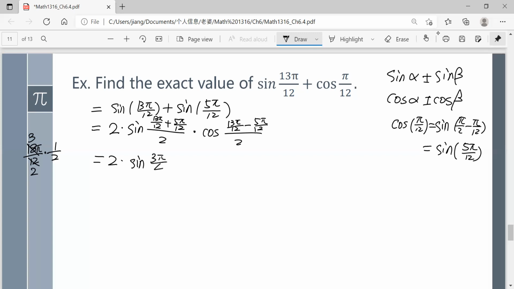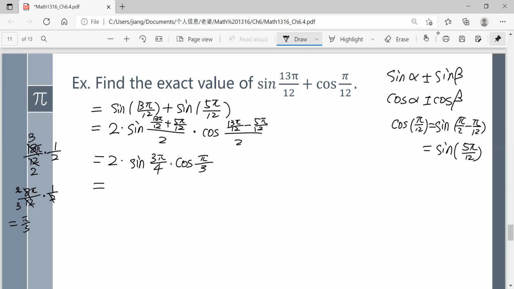Then 13 minus 5 is 8, so 8 pi over 12 times 1/2 is pi over 3.